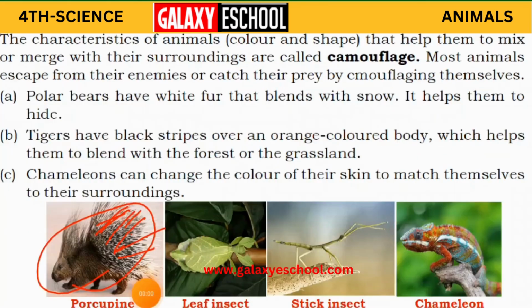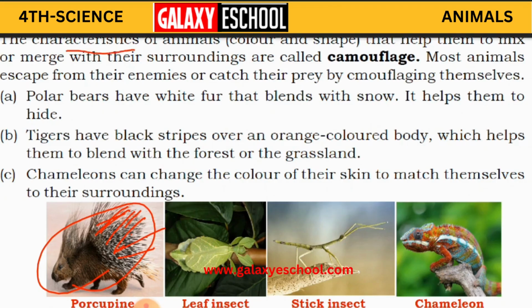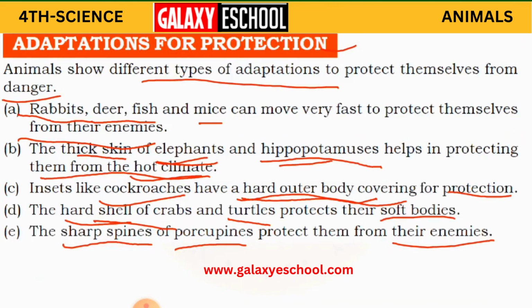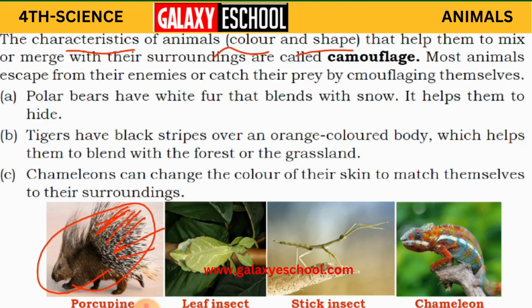Children, characteristics of animals that help them to mix or merge with their surroundings are called camouflage. So what is this camouflage, children? These are the features of animals by which they can change their color and shape, which makes them mix or merge with their surroundings.